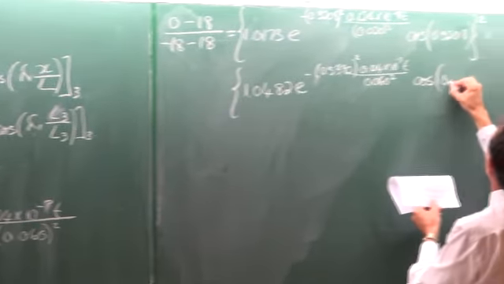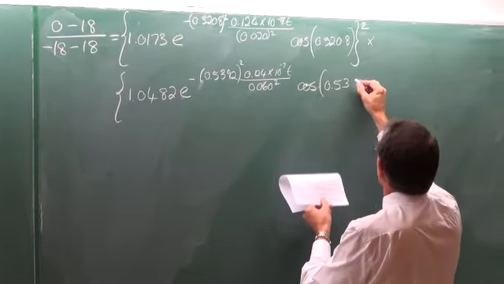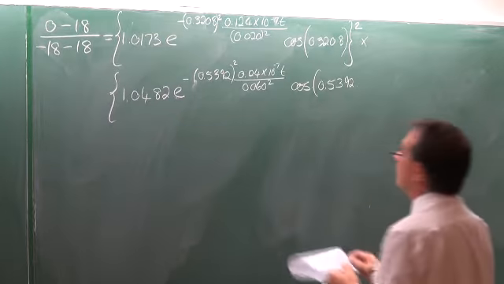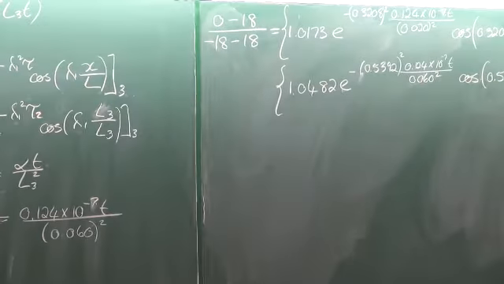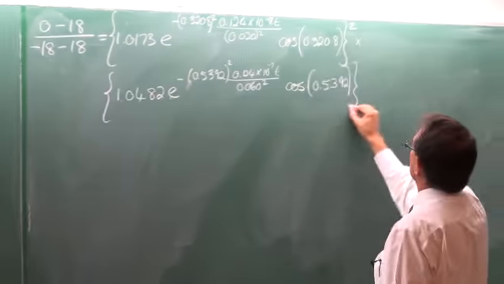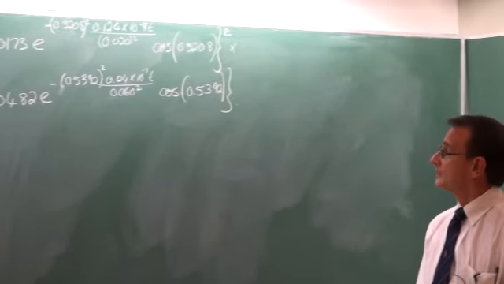Lambda 1 is equal to 0.5392 multiplied by L3 divided by L3, which is equal to 1. And there is our equation.